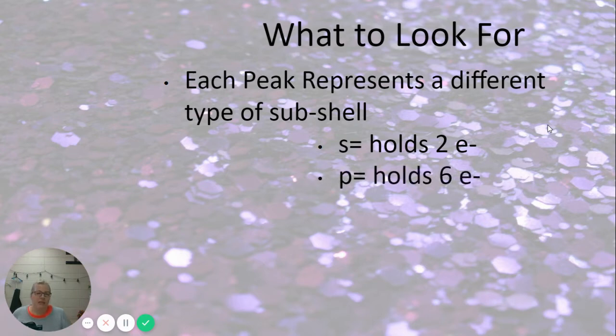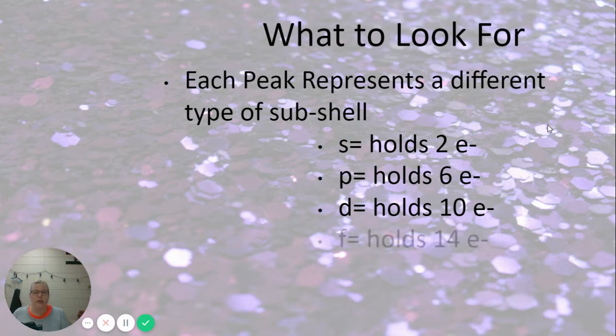The P subshell has a maximum capacity of 6 electrons. The D subshell has a maximum capacity of 10 electrons. And the F subshell has a maximum capacity of 14 electrons. So keep that stuck in your head for later.